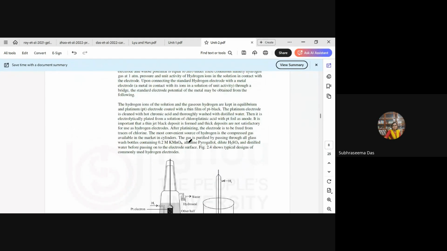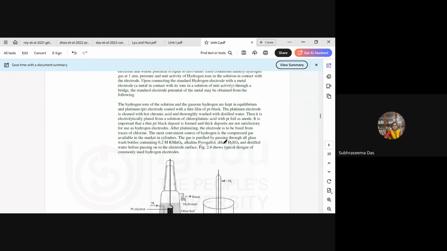The platinum electrode is cleaned with hot chromic acid and thoroughly washed with distilled water. Then it is electrolytically plated from a solution of chloroplatinic acid with platinum foil as the anode. It is important that a thin jet black deposit is formed, as thick deposits are not satisfactory for use as hydrogen electrodes. After platinizing, the electrode is to be freed from traces of chlorine.